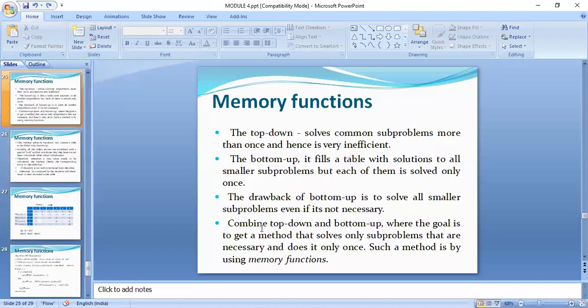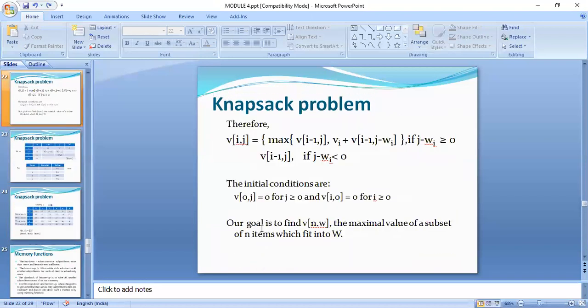Now we have a formula. The formula is V of i comma j is V of i minus 1 comma j if j minus w_i is less than 0. If it is greater than or equal to 0, you have two things, and from those you take the maximum of the two values.